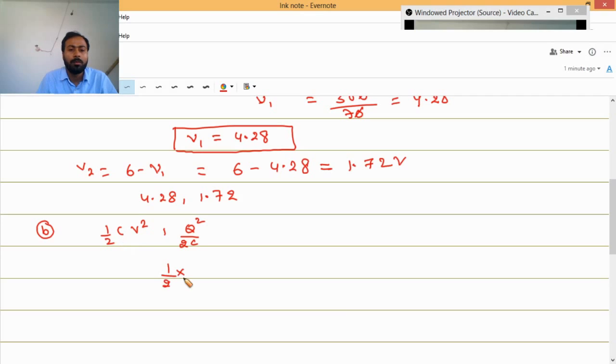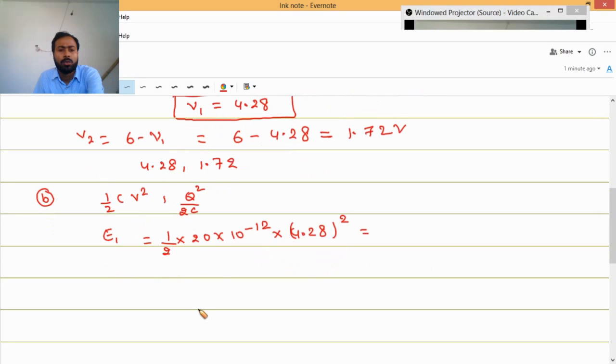It will be half, and for the 20 picofarad it will be 20 into 10 to the power minus 12 into V square, where V is 4.28. This will be the energy across the first capacitor. I will later evaluate with the help of a calculator and write it directly.